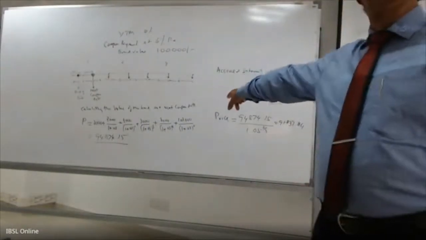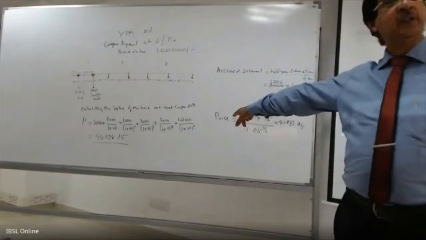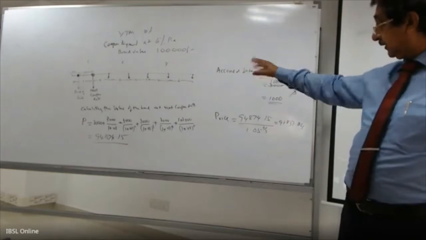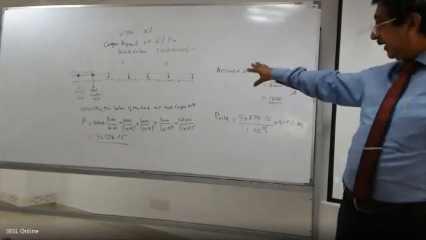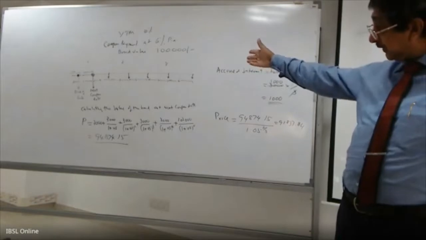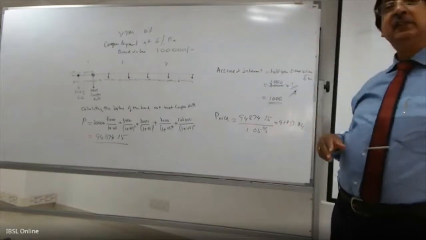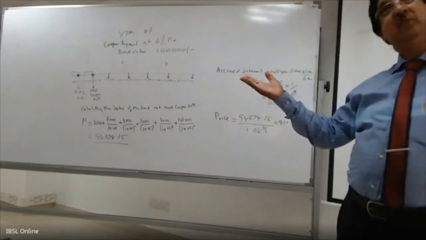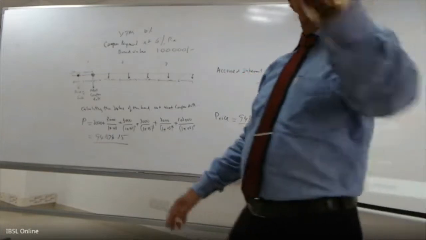Any question on this accrued interest calculation? Now, this can be different things. I have given the remaining maturity as 2 years and 10 months. It can be something else, 3 years and say 5 months. That is also a possibility.